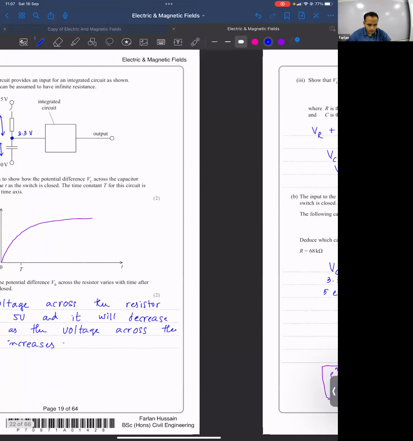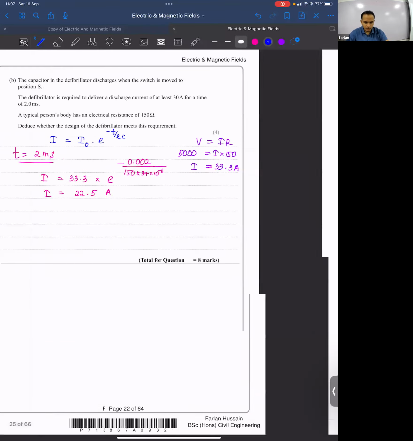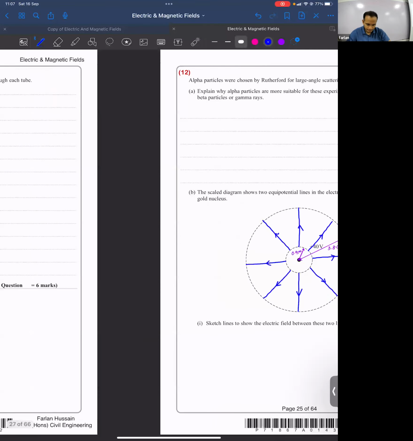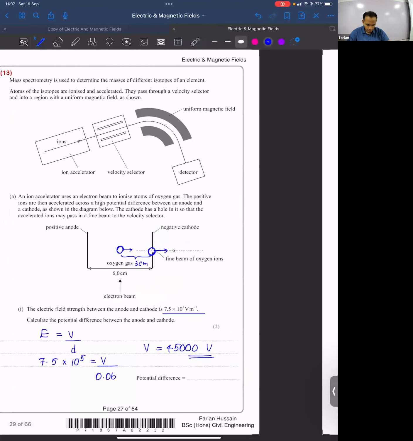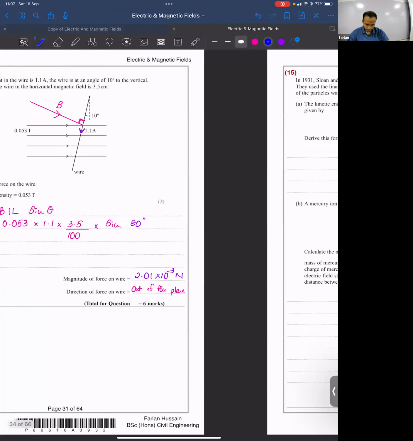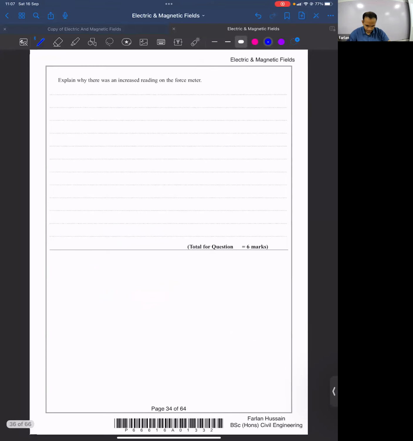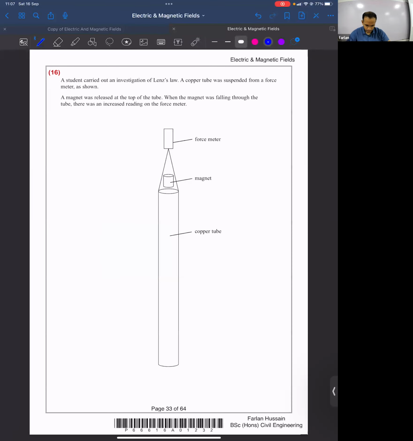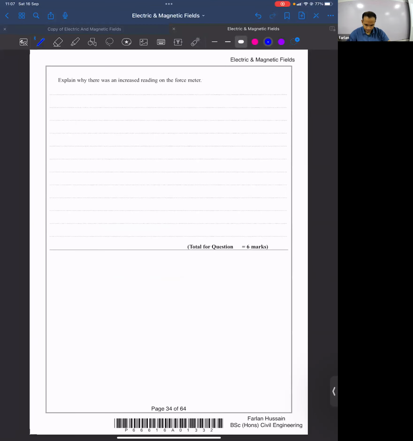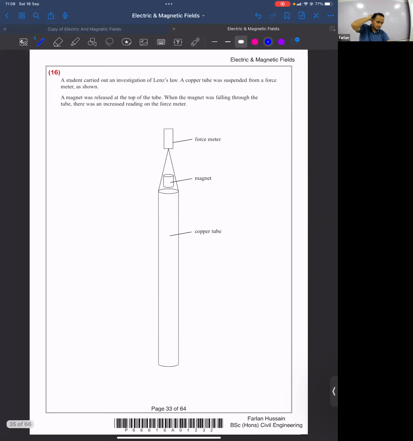We will do more questions from this, but after that we will be starting a new topic next week. Question 16.